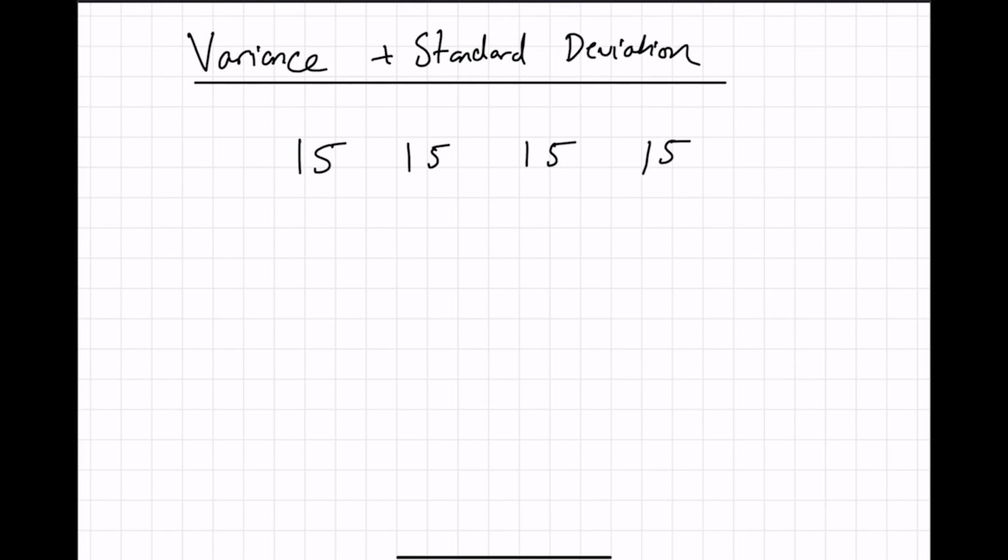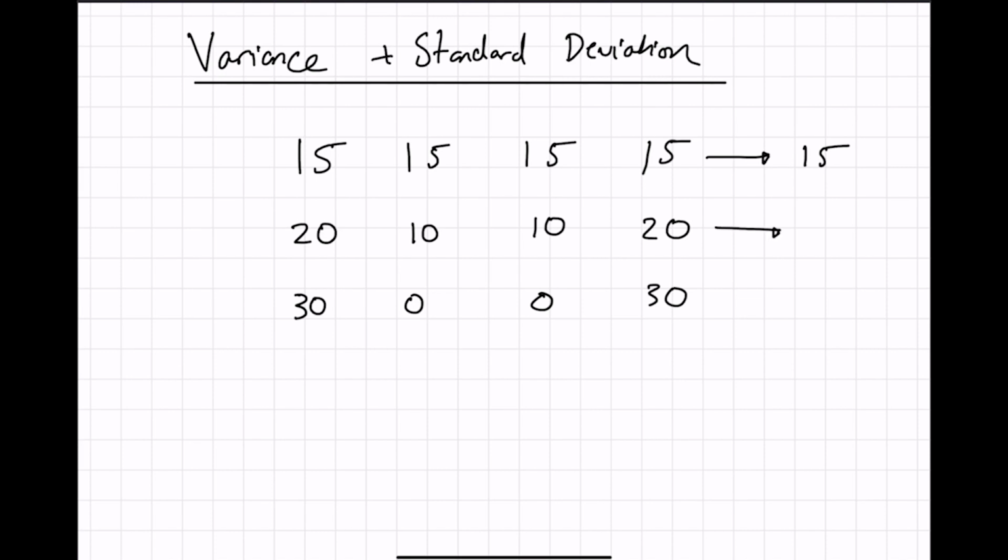Then I'll choose the numbers 20, 10, 10, 20. And then finally I'll choose 30, 0, 0, 30. So if I averaged these numbers and found the mean, it would quite simply be 15.